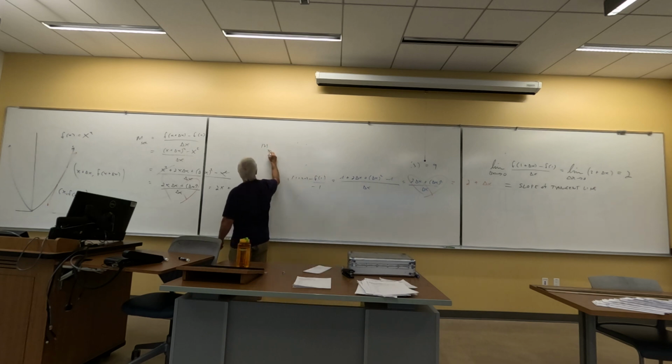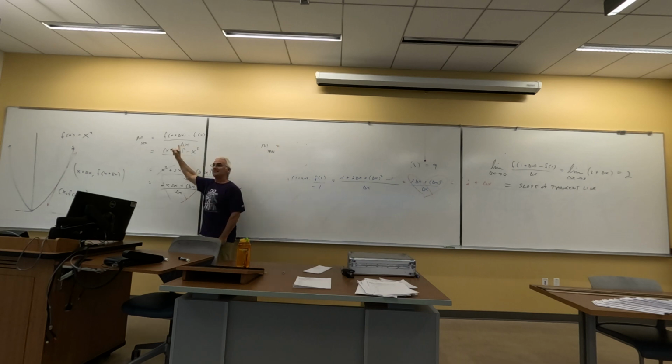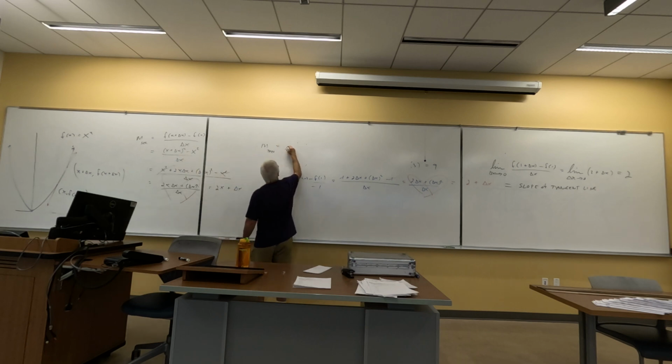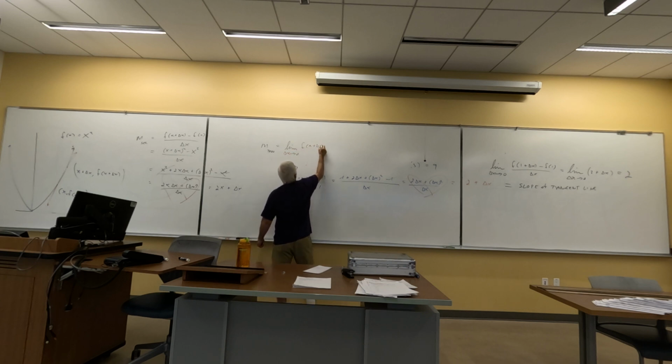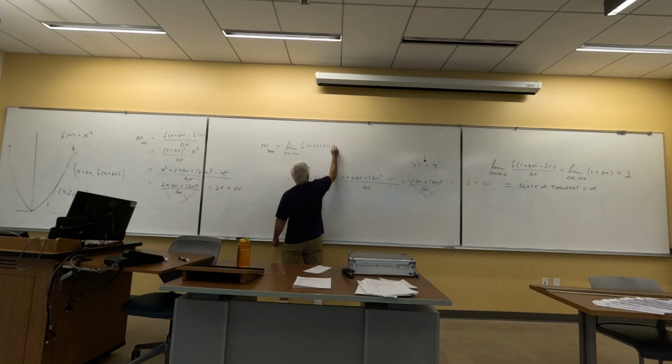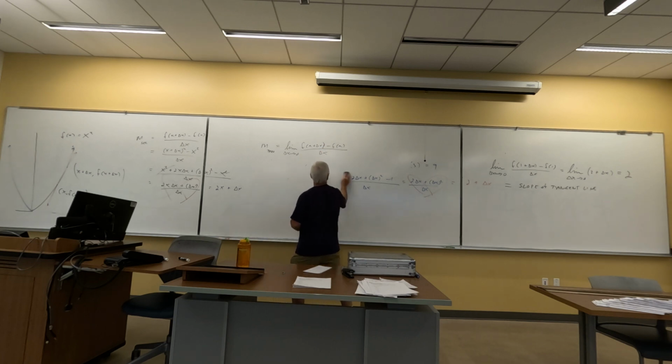I want the slope of the tangent line. What's the difference? It's going to be the limit as delta x approaches 0 of f of x plus delta x minus f of x all over delta x. It's kind of sloppy. Now let's take the result.